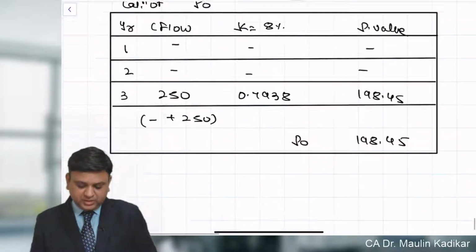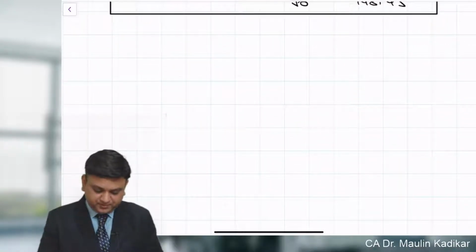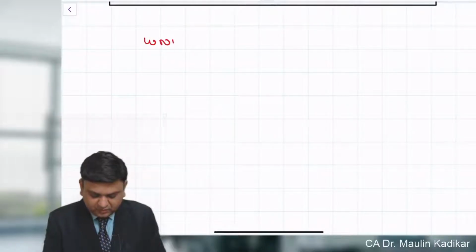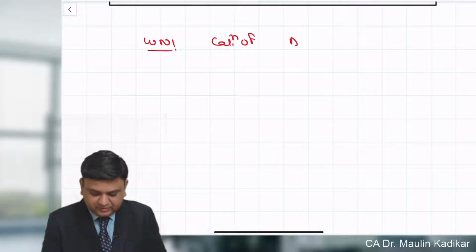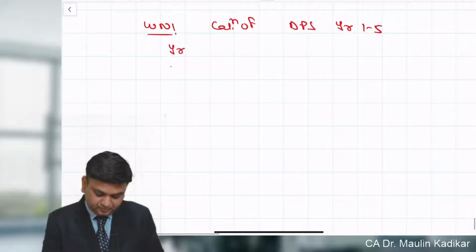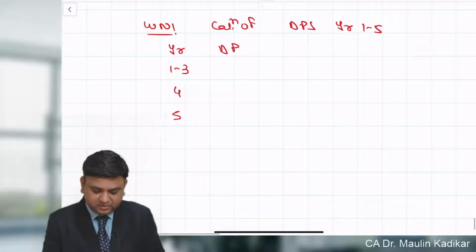So friends, if you take the 4 years into account, then I am giving the explanation to you, just for understanding. Working note number 1: calculation of dividend per share, year 1 to year 5. Year 1, 2, 3, 4th year and 5th year.